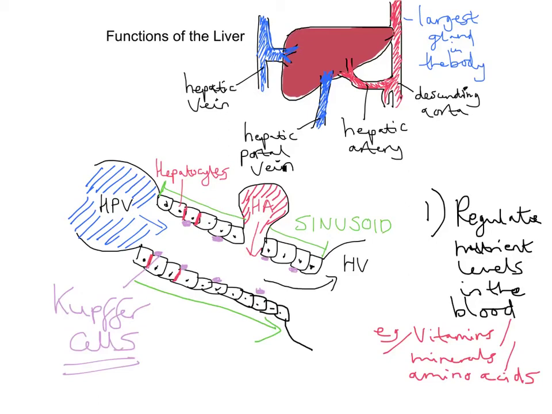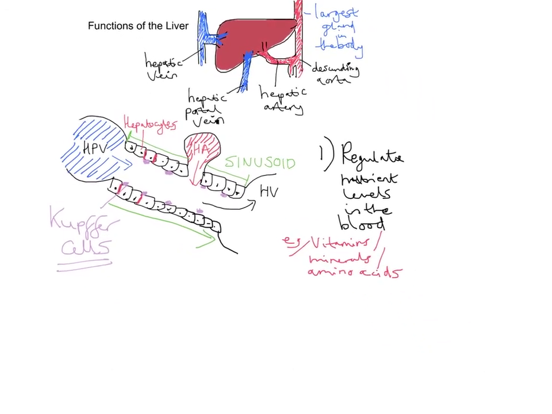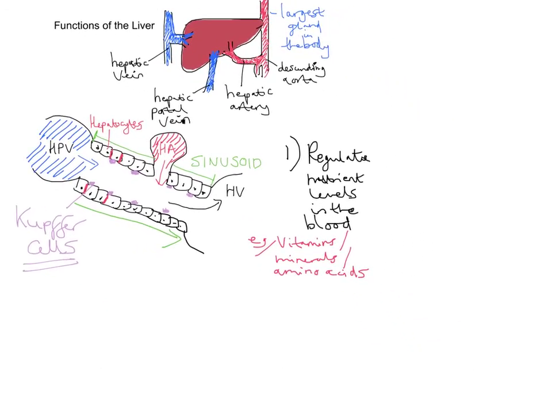In fact, we'll just shrink down the screen again just so I can use more of the space. One of the key nutrients that is regulated is glucose. And glucose is stored in the liver as what's called glycogen.